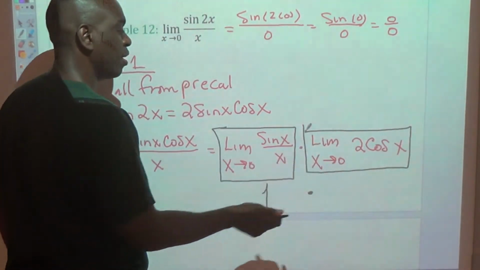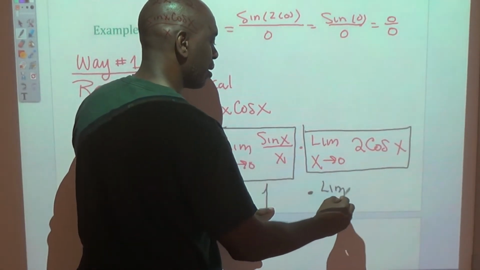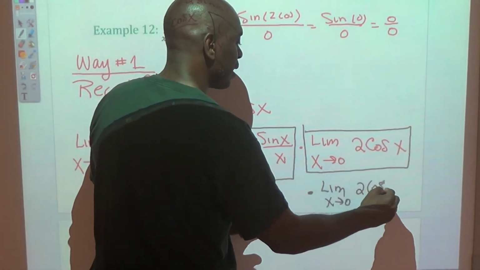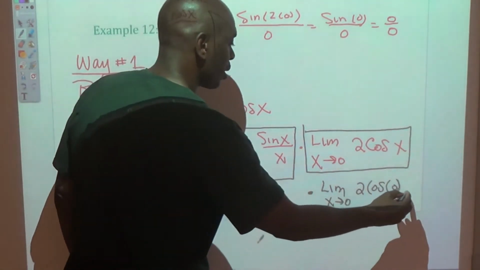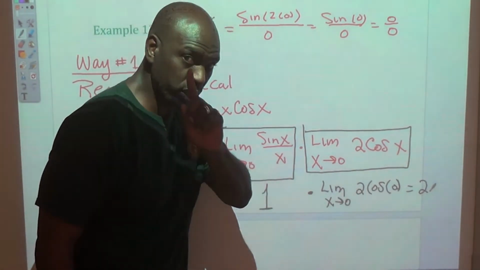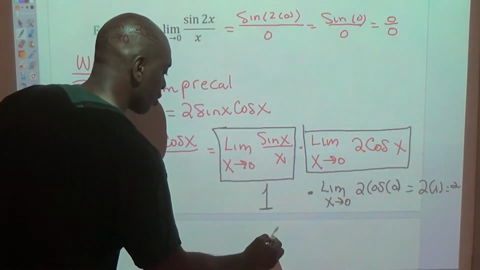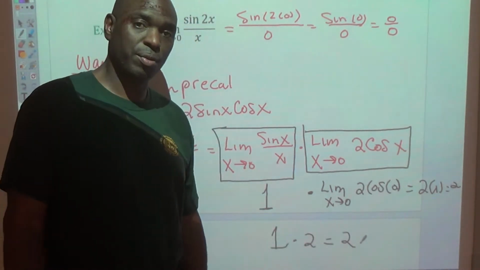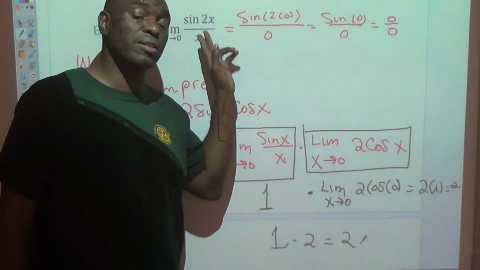Well, let's see. You put in 0 for x right here. You're going to get the limit as x approaches 0 of 2 times the cosine of 0, which is going to equal 2. Well, the cosine of 0 is 1. 2 times 1, which is 2. So it's going to be 1 times 2, which equals 2. And that's the answer. The answer is 2. So the limit as x approaches 0 of sine 2x divided by x is 2.